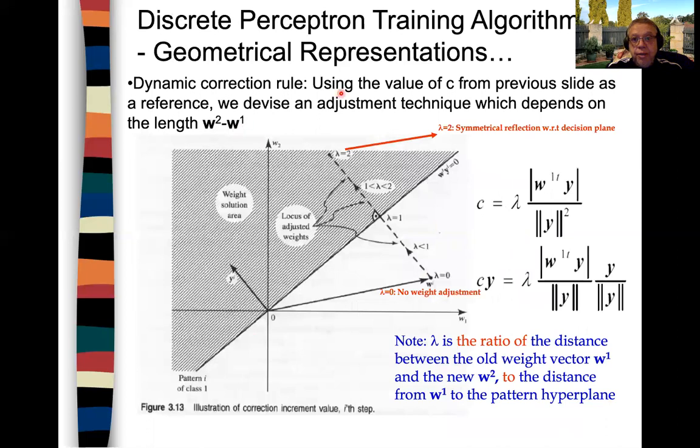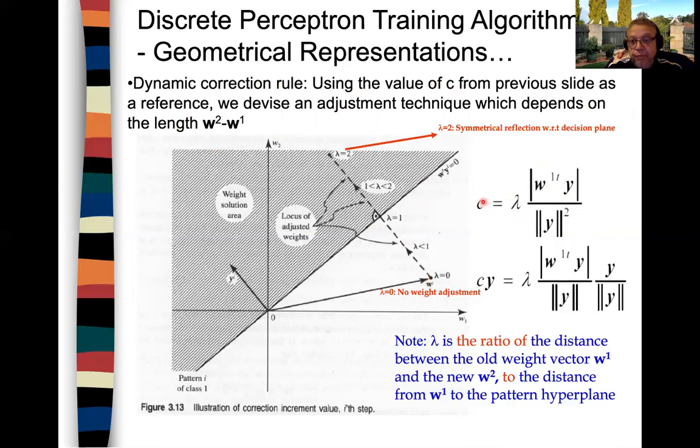Now let's look at the dynamic correction rule using the value of C from the previous slide as a distance. So we devise an adjustment technique which depends on the length W2 minus W1. So in this case, C equals lambda times this distance, which is again the distance between my weight and this surface here.